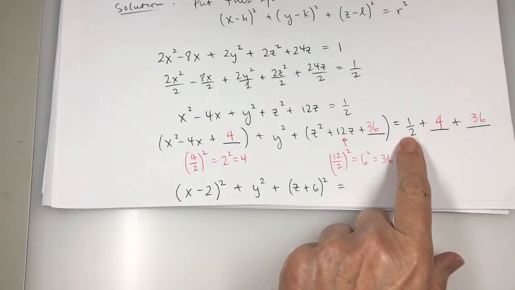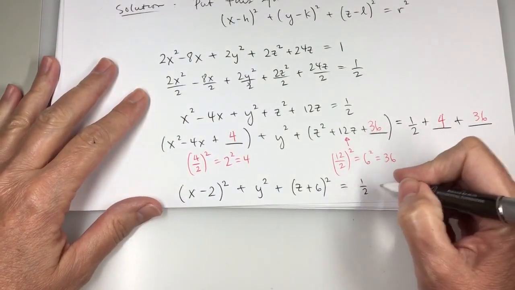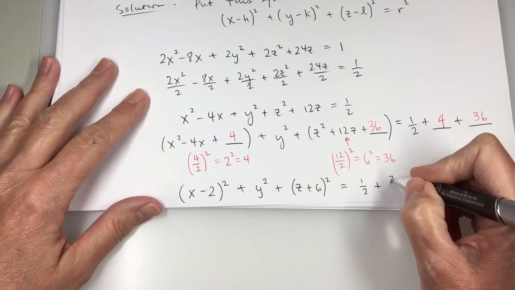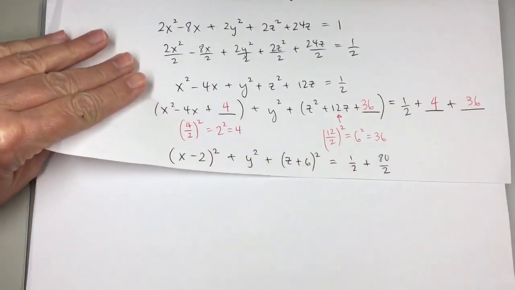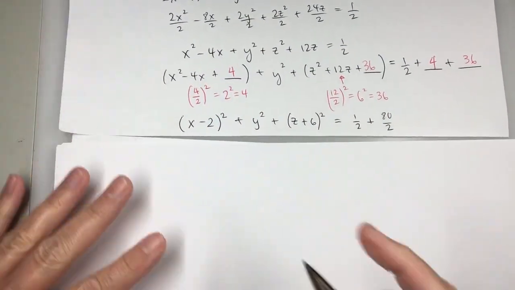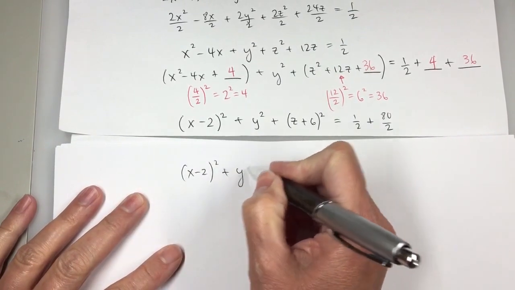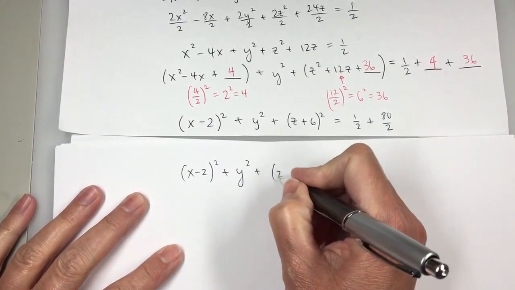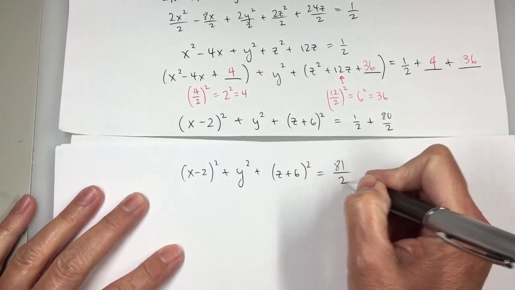So this is 1/2 plus 40. I'll just write that 1/2, and 40 is 80 over 2. So I will end up with this: x minus 2 squared plus y squared plus z plus 6 squared equals 81 over 2.